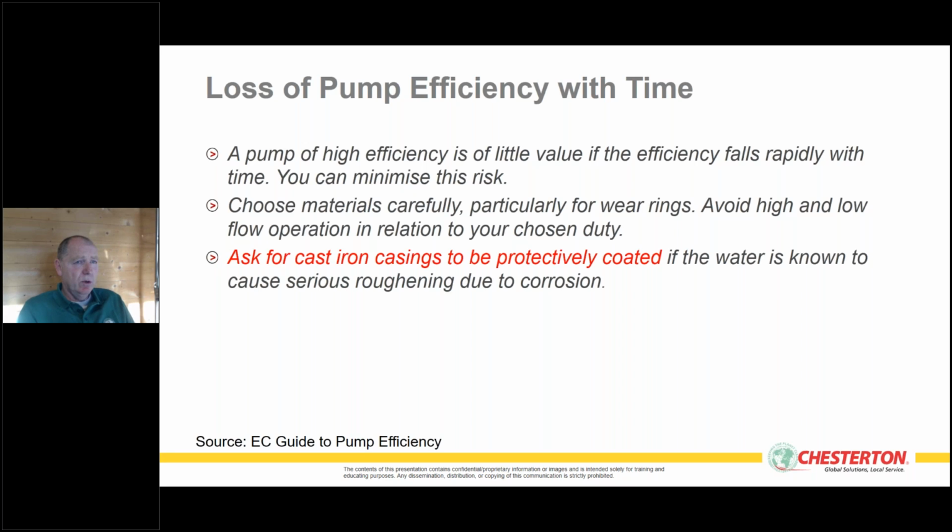And there are ways to avoid that: to operate the pump within a certain range of its best efficiency point, but also to ask for cast iron casings, for example, to be protectively coated, to avoid the roughening of the surface due to corrosion.